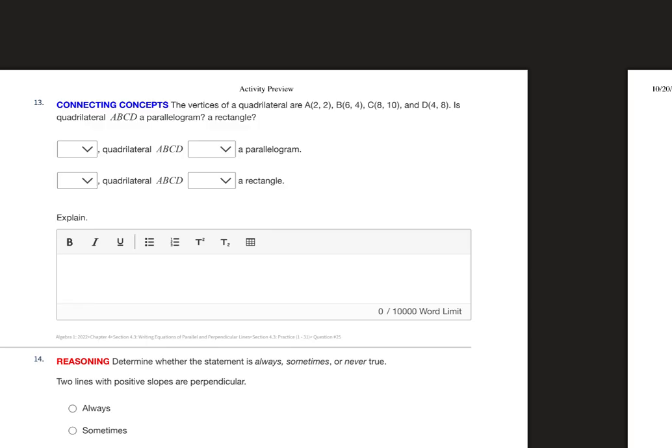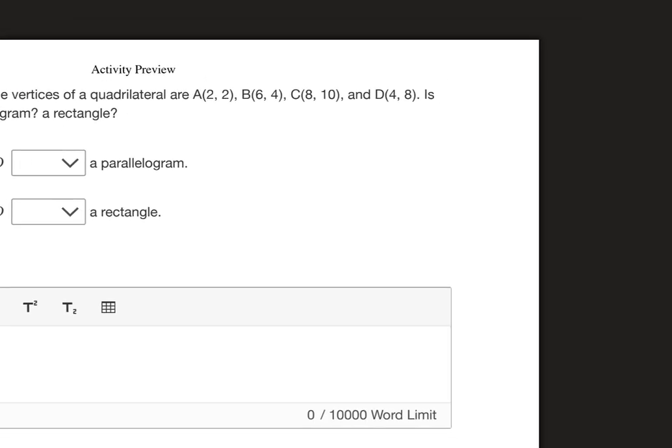Okay, well, to perhaps make it easier, we could graph this thing just to help us think through it. I don't know if that's 100% necessary, but I'm going to do it because it would be nice to see that there's A, and then B is at 6, 4, so 3, 4, 5, 6, 3, 4, right there.